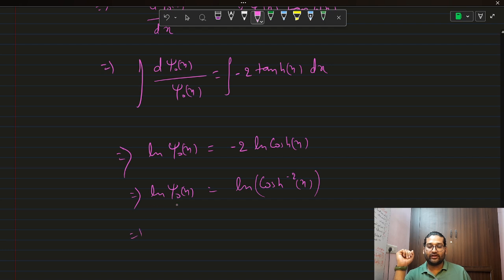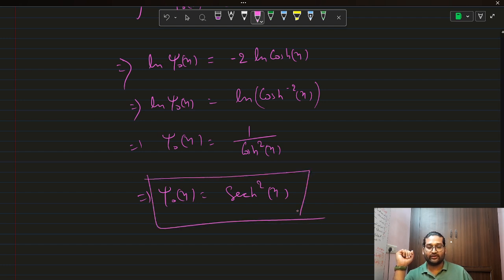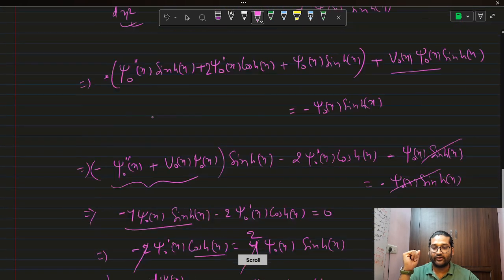So we can take antilog both sides, and this will give psi naught x is equal to 1 upon cos hyperbolic square x. This will give us sec hyperbolic square x. This is the solution.